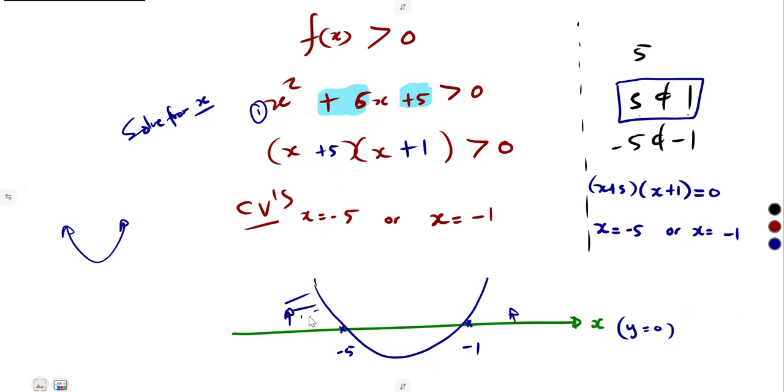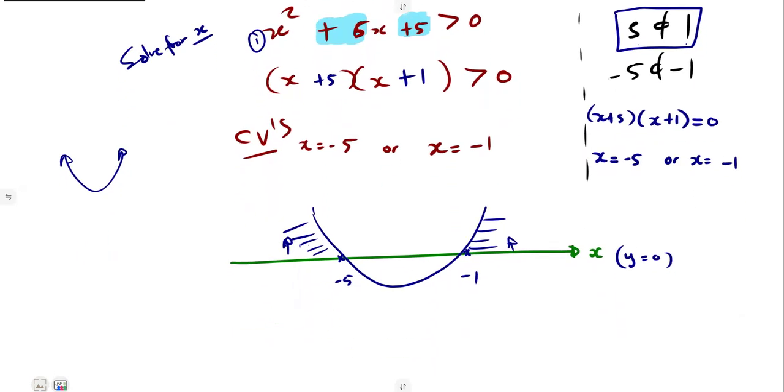So you're going to take these solutions, this side and this side. You're going to say that x is less than -5. We do not have an equal to in our question, so we are not going to have it here. Or x is greater than -1.